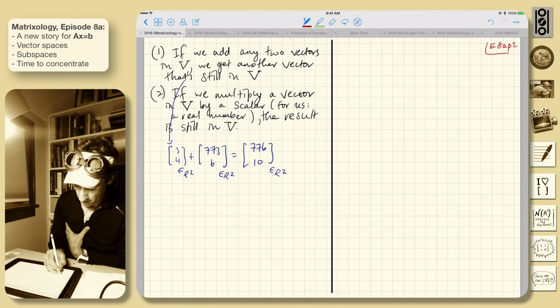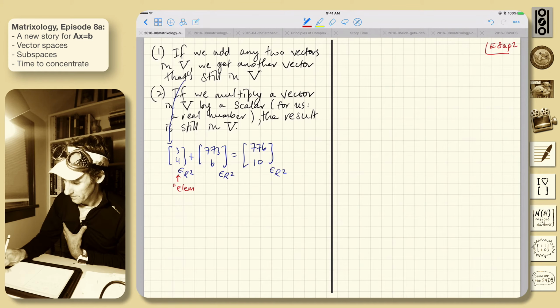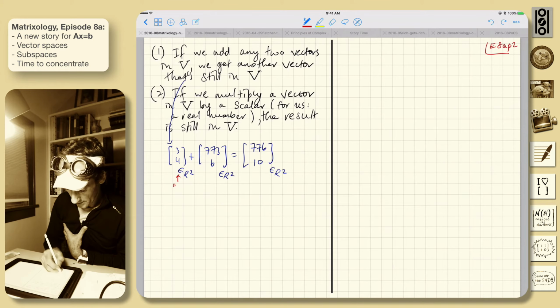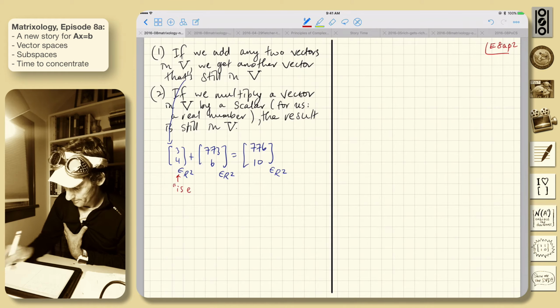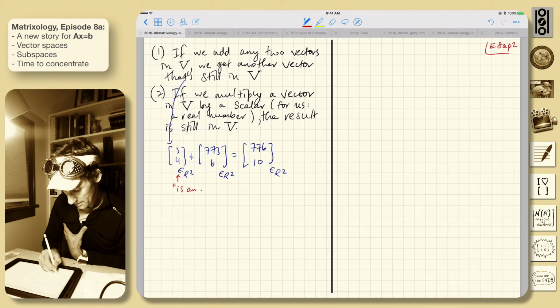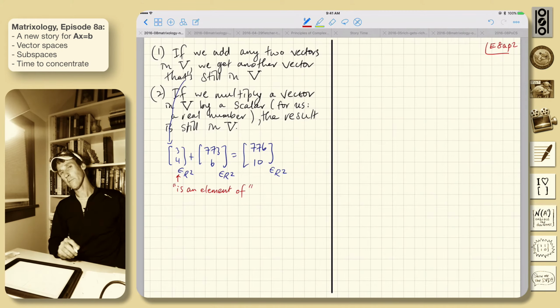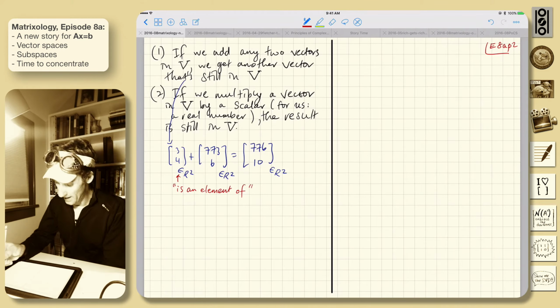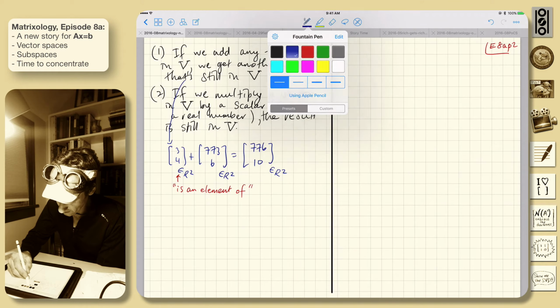You may be thinking, why are we doing this? I've forgotten my structures here. This is an element of. It's a bit of an epsilon-y thing.